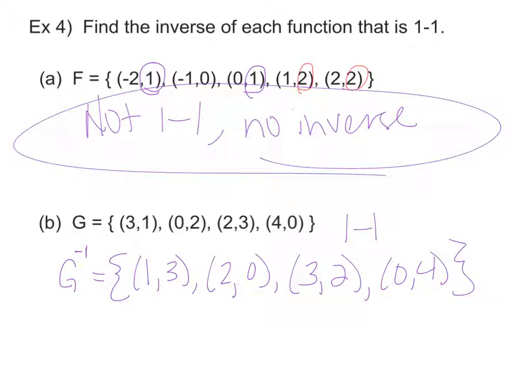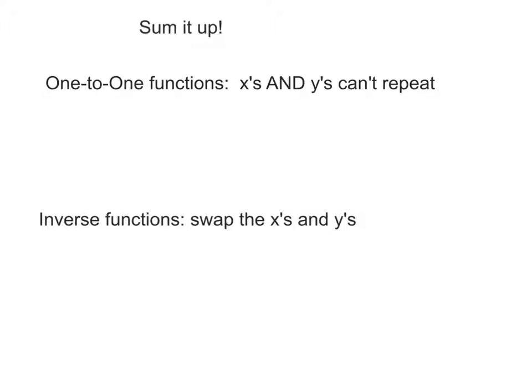Cool. Now let's figure out what it is we just talked about. So if we sum all of this up, in order to have a 1-to-1 function, the x's and the y's, neither one can repeat. In order to determine this, if I'm given a graph, you can use the horizontal line test. So that's how you can look at this if you're given a graph.